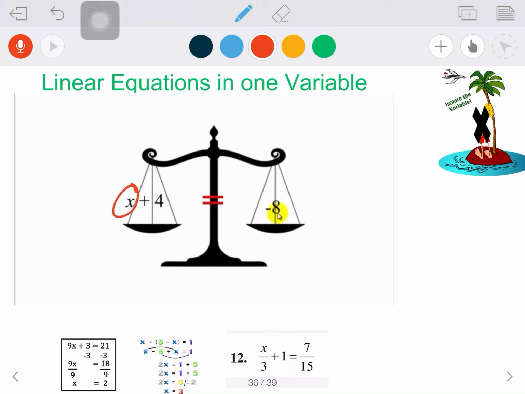So here, we will be looking at the value of x that, when added to 4, will equal negative 8. In order for us to solve this, we need the help of our principles of equality, which, if you can recall, are the following.